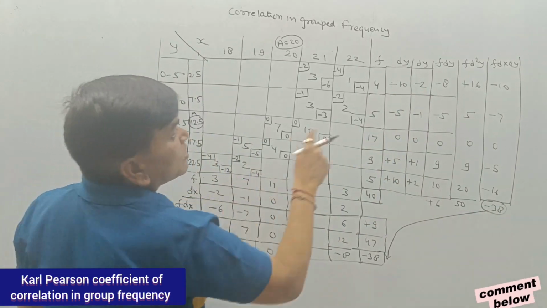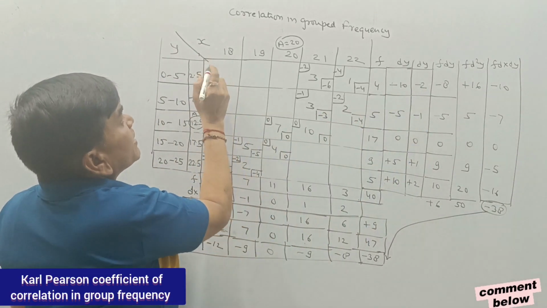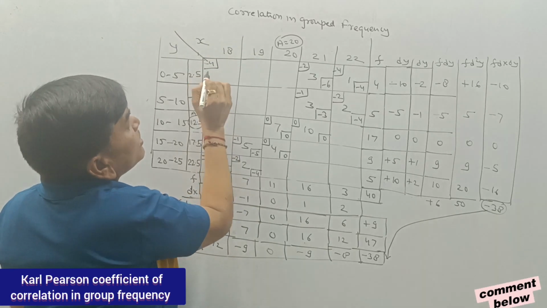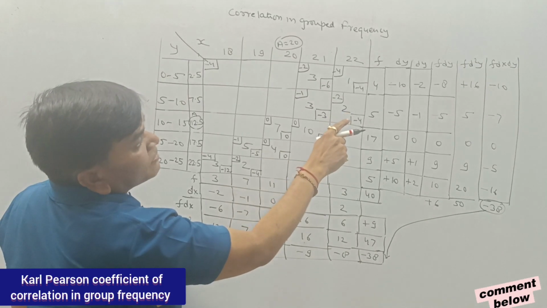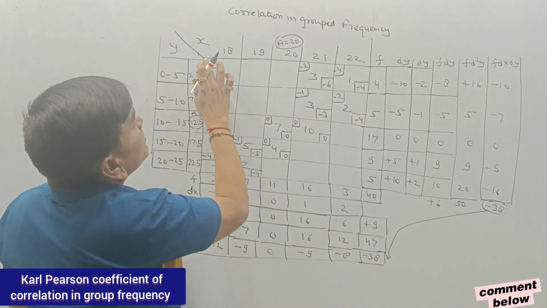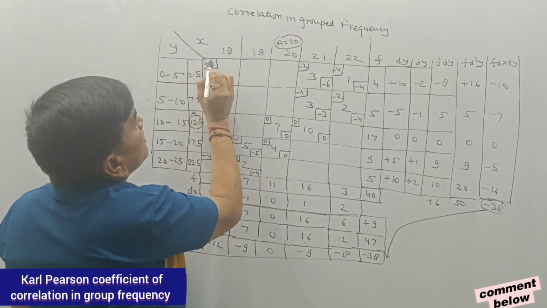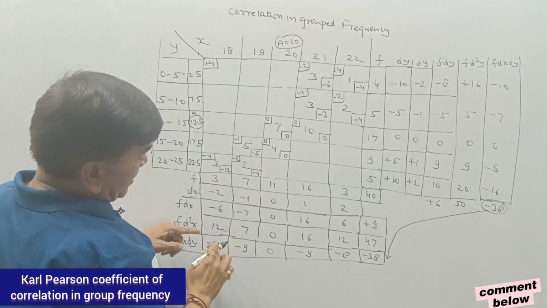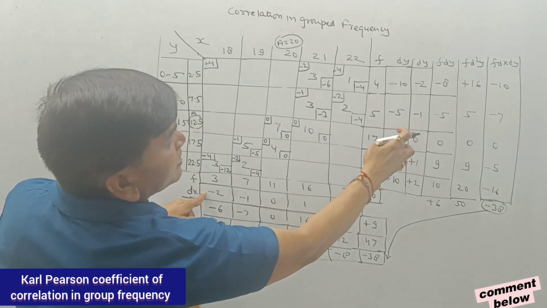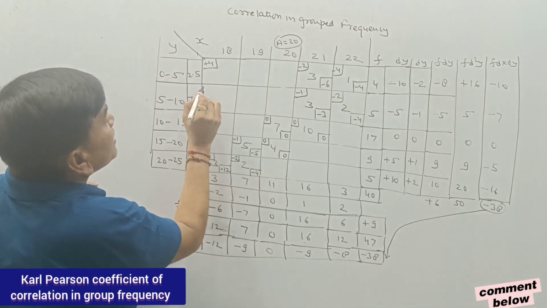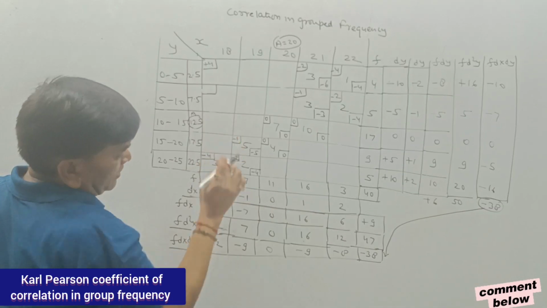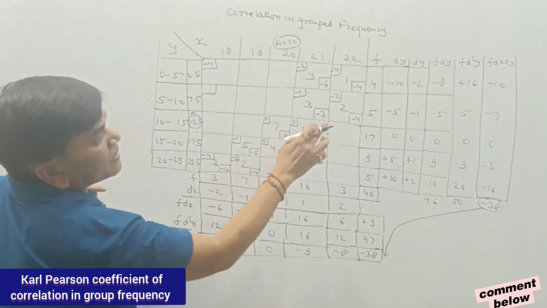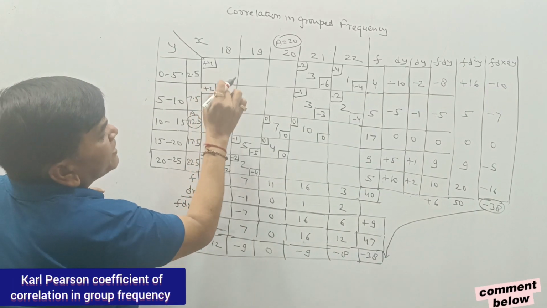So minus 2 and minus 2 multiplied, that is plus 4. But here no value is there, so we will not use it. Minus 2 multiplied by minus 1, that is plus 2, but no frequency.